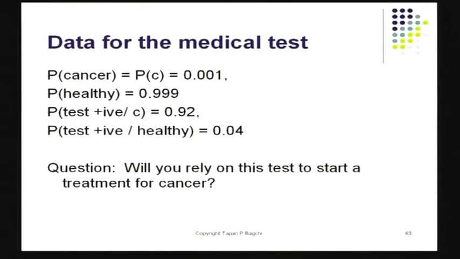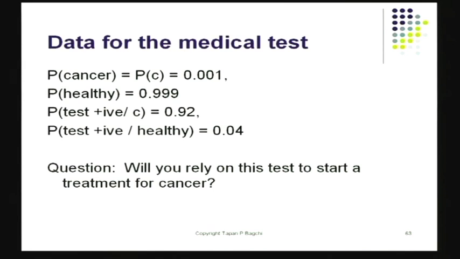It shows the test to be positive when there is cancer 92% of the time, which some people may think is pretty good. And also, unfortunately, for a healthy person it says that the person has cancer 4% of the time. This is the instrument's performance.